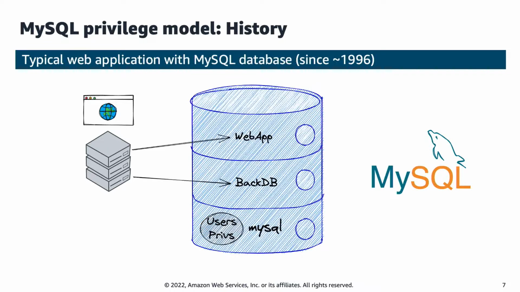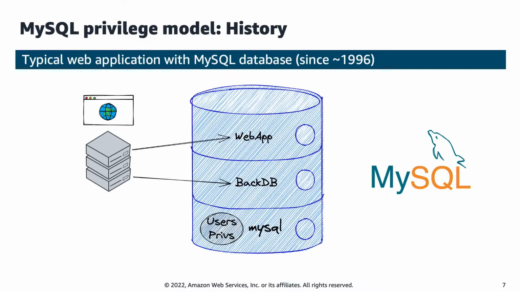The first database is our web application, a front-end database. The second database is some sort of back-end database, for background processing and stuff like that. And then we have a MySQL system database here, which stores the users and privileges.